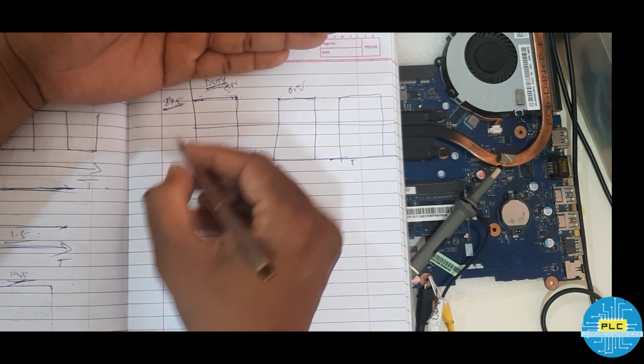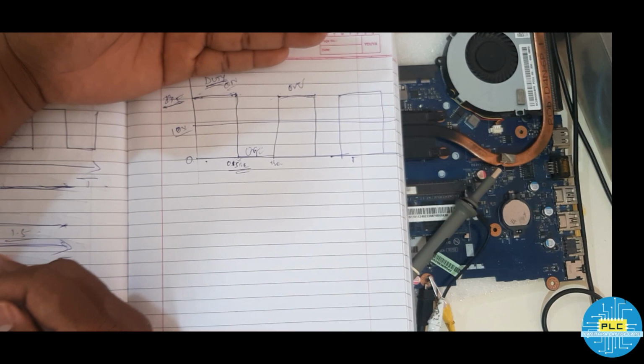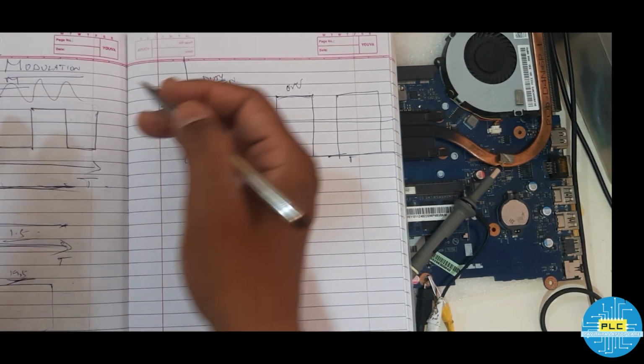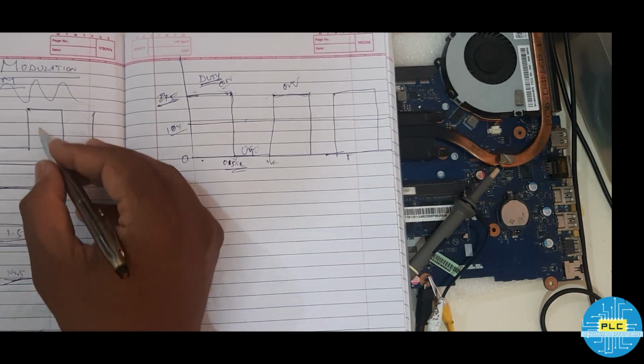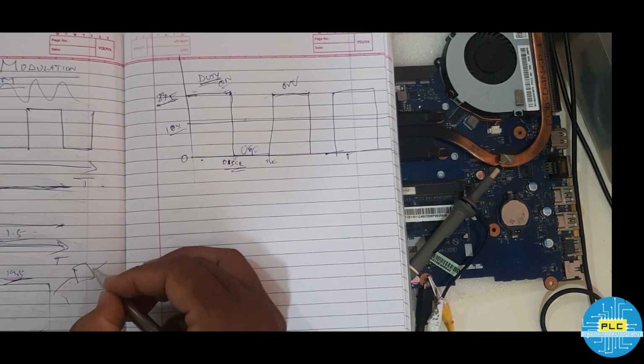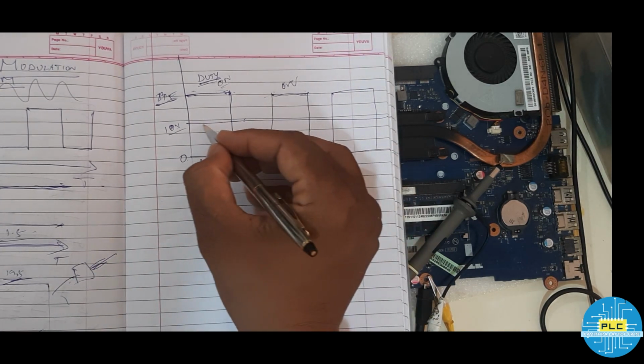For example, if it is 20 volts, it will be 10 volts. Like that, we will convert the higher voltage to lower voltage. Finally, we put a coil. It allows DC, right? So the output will be this condition.